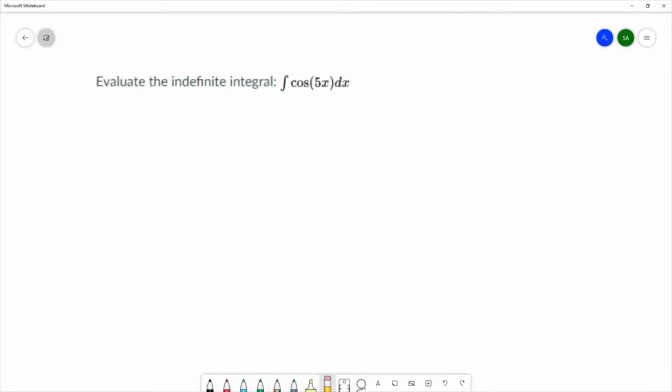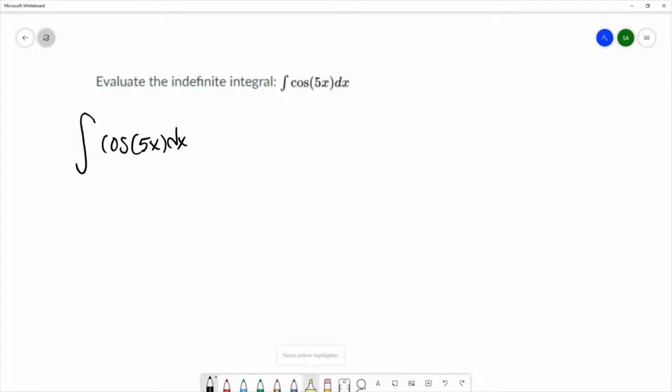For this question, we want to evaluate the indefinite integral. We have the antiderivative or integral of cosine 5x dx. Let's write that out. We've got the integral of cosine 5x dx.